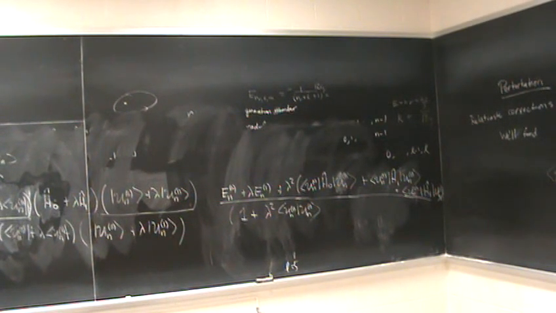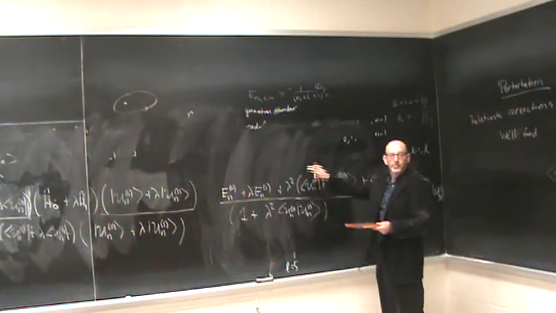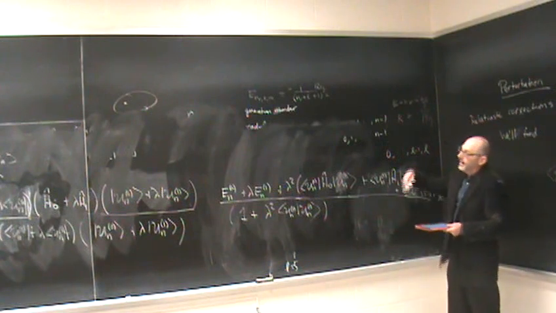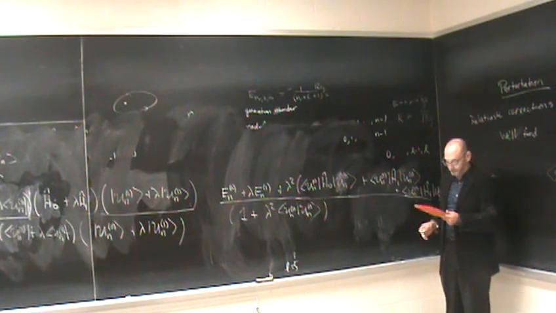So now I have to do a Taylor series expansion on the denominator in order to get a power series in lambda squared.